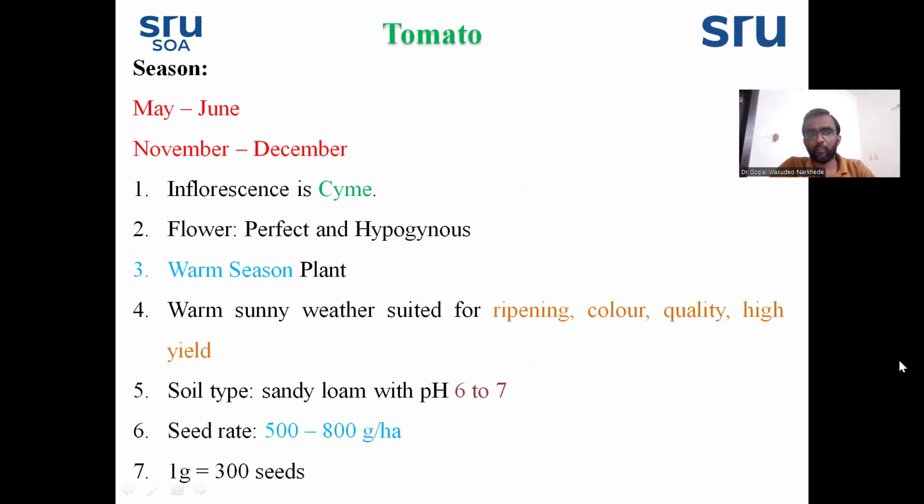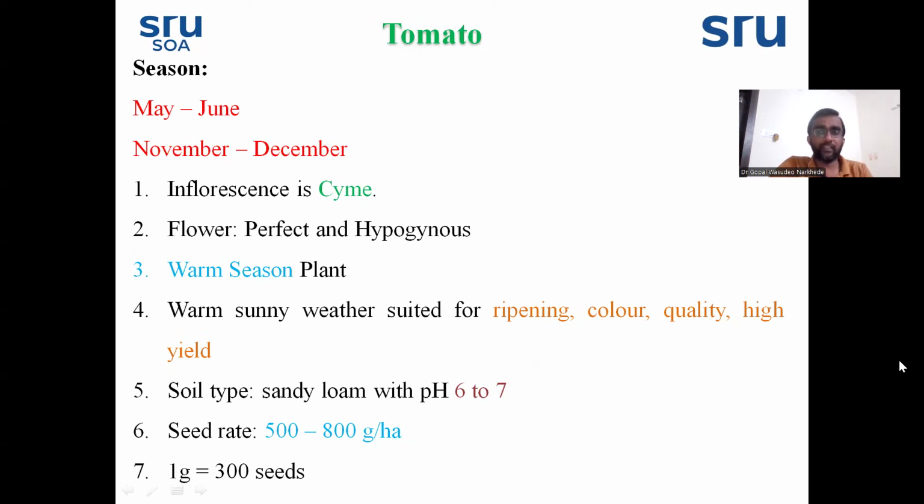Then season for tomato is May, June for rainy season, and for post rainy, or you can say intermediate in post rainy and summer, you can go for November to December. Right? So inflorescence is called cyme. The flower is, as I have already told you, perfect and hypogynous, that is superior ovary. Tomato is a warm season plant.